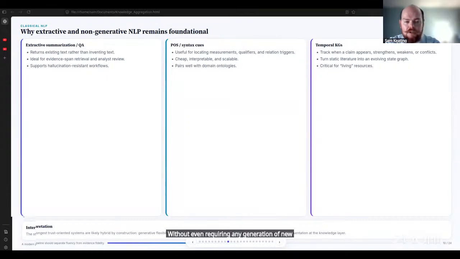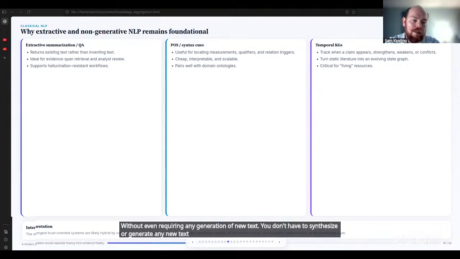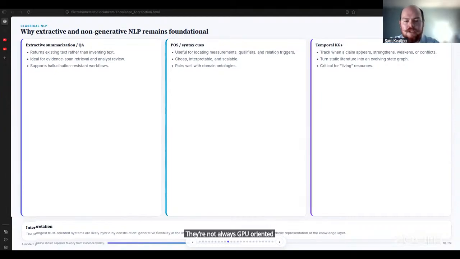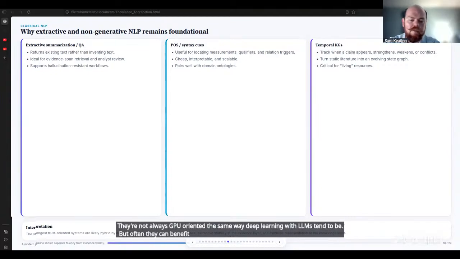You don't have to synthesize or generate any new text in order to highlight or summarize if you highlight existing text. So finding the needle in the haystack with high throughput algorithms. They're not always GPU oriented the same way deep learning with LLMs tend to be. But often they can benefit from GPU acceleration if you find the right software tool.